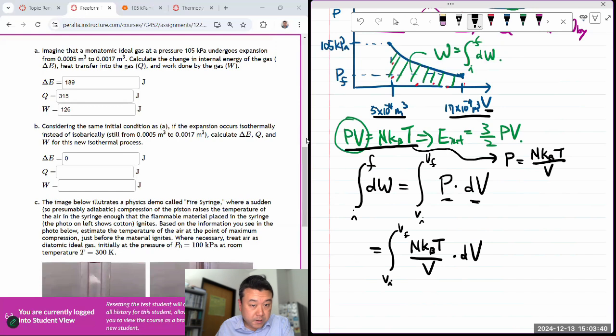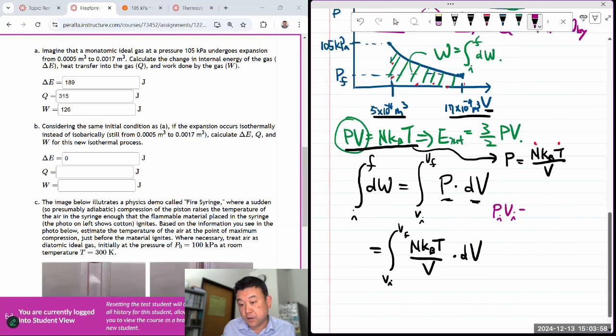And I'm never given a temperature, or in fact, I'm not given any of these quantities, N or T, separately. So what I think I should do is I should use this identity equation, the fact that initial pressure times initial volume was equal to nkBT, and throughout the entire isothermal process, the right-hand side doesn't change. So I can just replace it with this constant left-hand side.